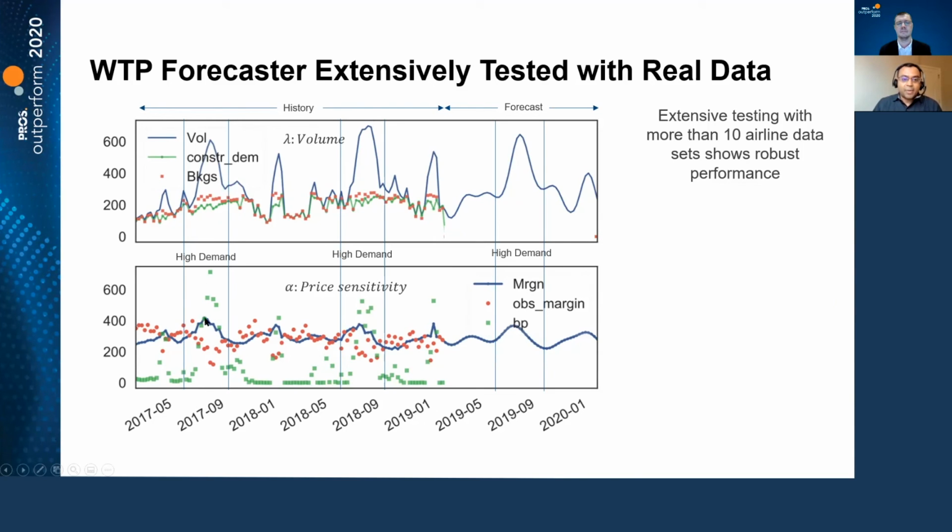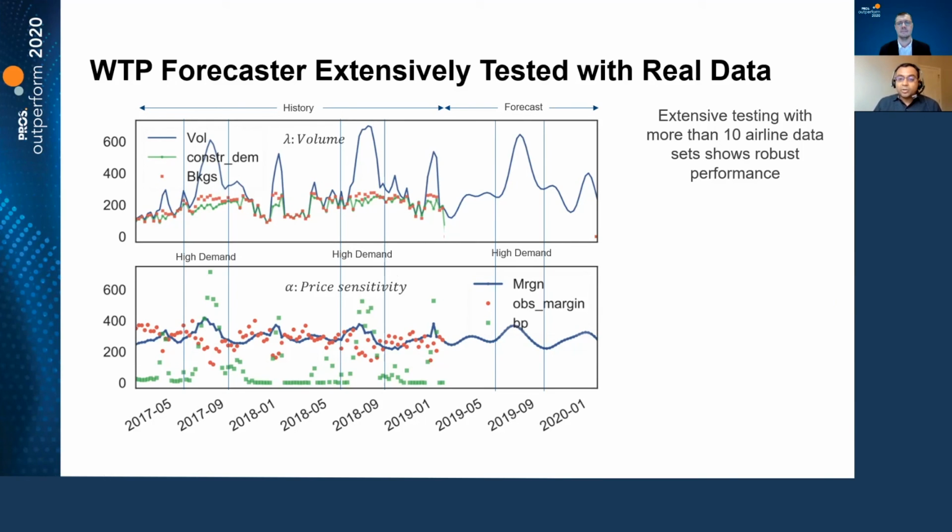In the high demand period, we see that both the lambda value increases as well as the alpha value, or the price sensitivity, increases. That means that people are willing to pay a bit more during the high demand period. And these trends, which were captured through historical uncensoring, are then projected into the future, and these trends are shown in the future forecast period as well. So we have seen very robust performance when it comes to capturing trends and seasonal patterns.